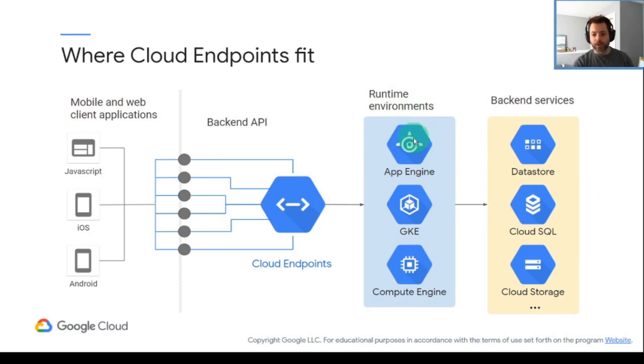Maybe we want to talk to App Engine or Compute Engine or Cloud Functions or any of these services that we've talked about thus far, which can then talk to backend services like our various storage options or our various analytics options. Basically, what Cloud Endpoints is giving us is the ability to have a centralized managed API service.